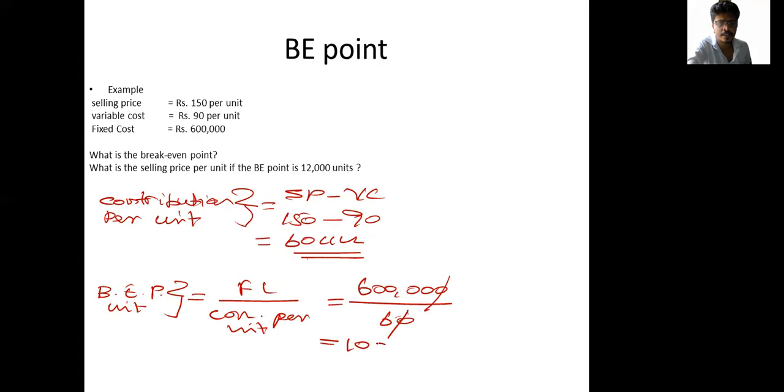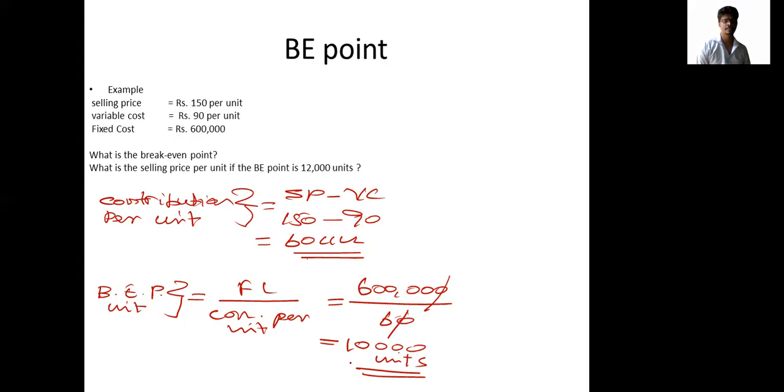Then 10,000 units. Break-even point is 10,000 units. Now, what is the selling price per unit if the break-even point is 12,000?